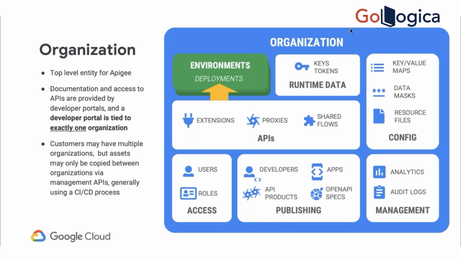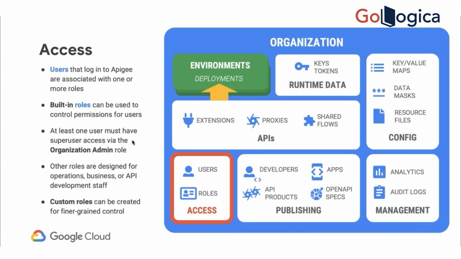So we were discussing the organization. This is the top level entity. And now we will see what are the components which are available in the organization. So first is the access. In Apigee you can create users that can log into Apigee, and to the users you can assign one role or more than one role.